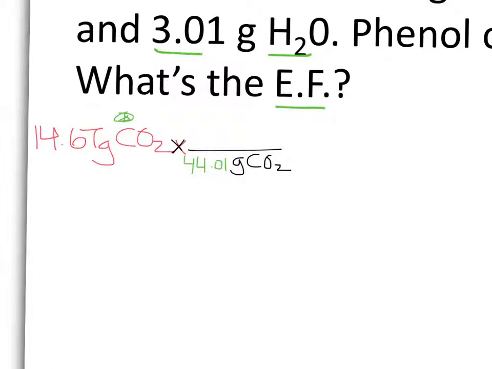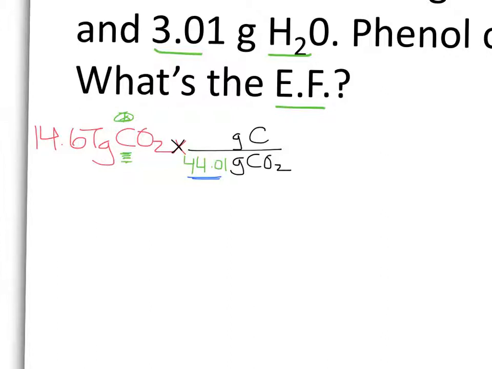I know I've got to get to how much carbon is in this carbon dioxide. So this is the one and only time that I'm going to go from grams of something to grams of something. Now, you could actually run the mole to mole ratio and the atom to molecule ratio and all that kind of stuff, and everything's going to work out, but I just want to show you this. So here's the deal. Of this 44.01 grams of CO2, how much of that was carbon? Well, this should make logical sense.